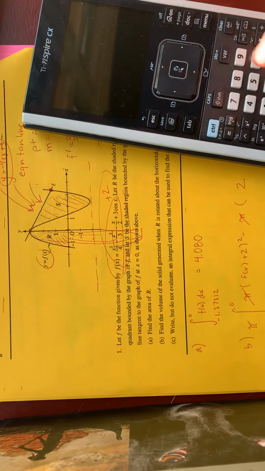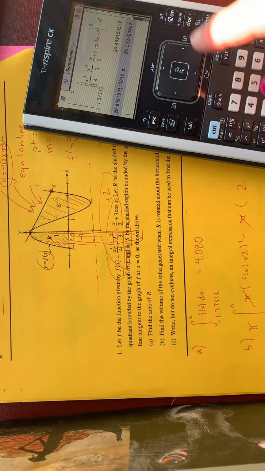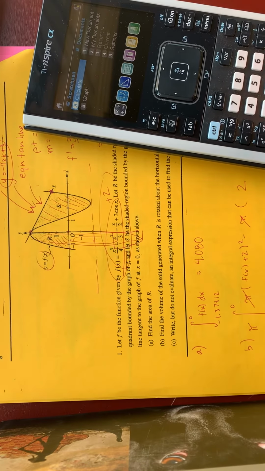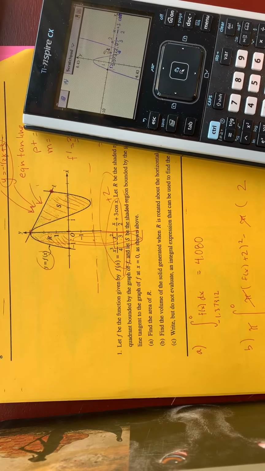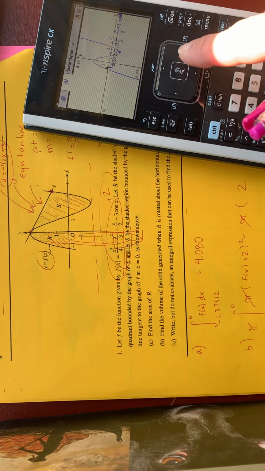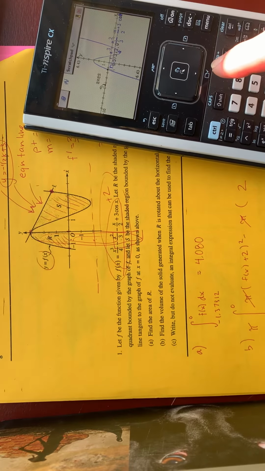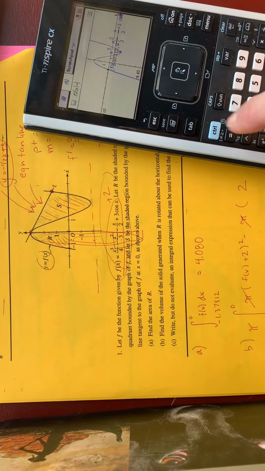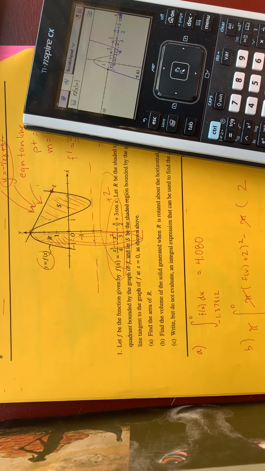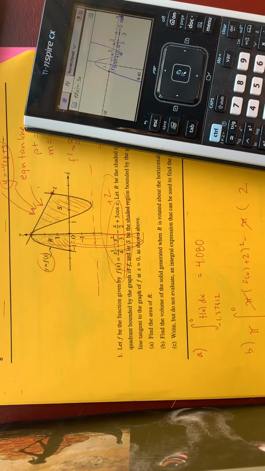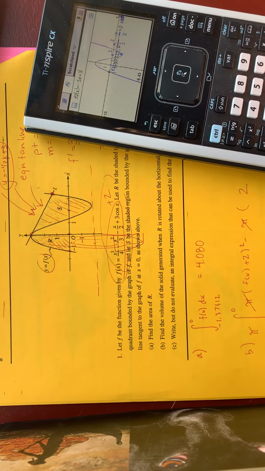So now I could go and graph it. I already have f of x in my graph. So now I'm just going to take a second and graph the equation of the tangent line, negative 1/2 x plus 3.